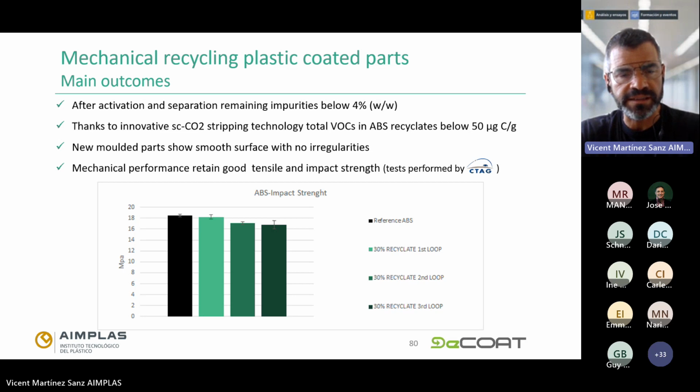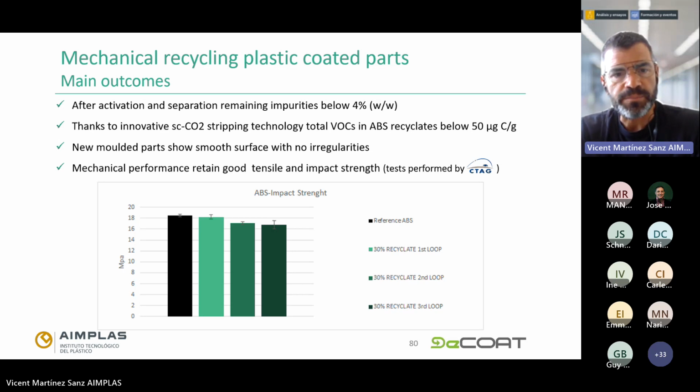And as you can see in this graphic, although there is a decrease in the impact strength after each loop for the blends incorporating up to 30% of recyclate ABS, we are very confident that the reduction in the impact strength is in a range between 10–15%.